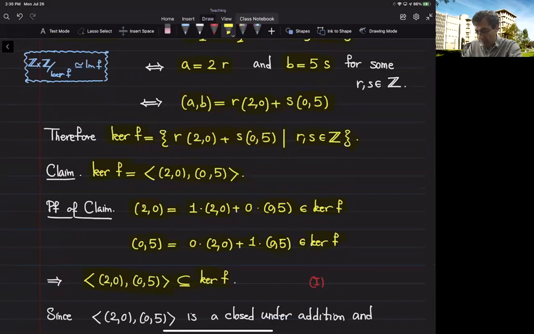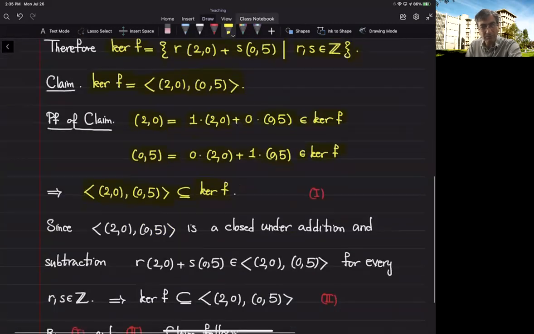Now, if I give you a group that contains both 2 comma 0 and 0 comma 5, then it's going to contain all the integer multiples of 2 comma 0, all the integer multiples of 0 comma 5, and their summation. So this means that these elements are definitely in the group generated by the vectors 2 comma 0 and 0 comma 5.